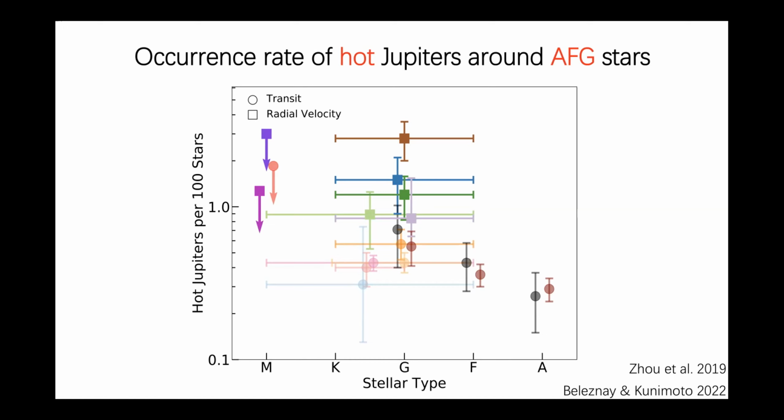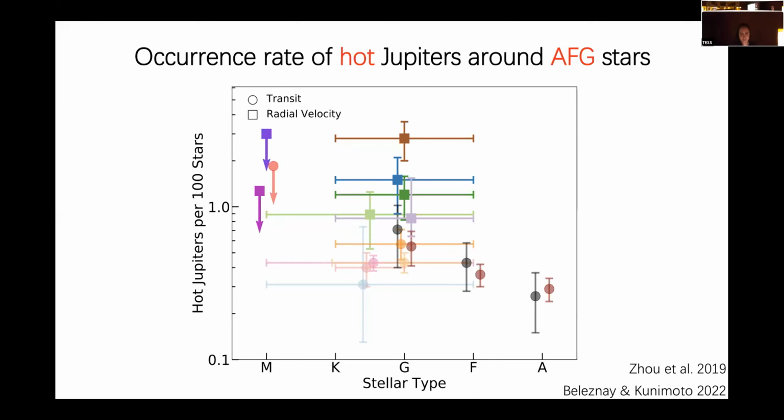And previous works found that by removing the spectroscopic binaries from their RV samples, the RV surveys for giant planets will boost the detection rates by a factor of 1.8. So this is probably a reasonable bias. I hope that answers your question.